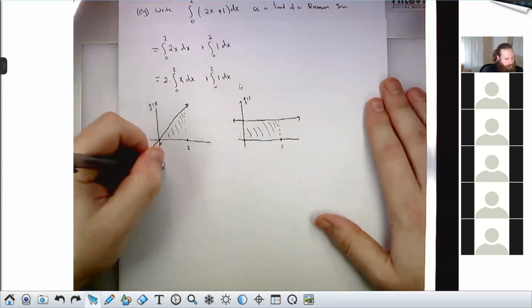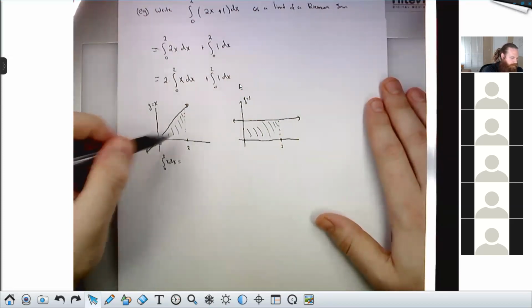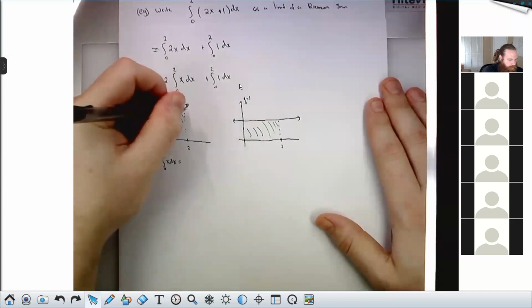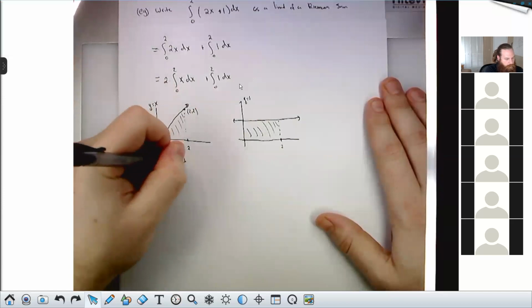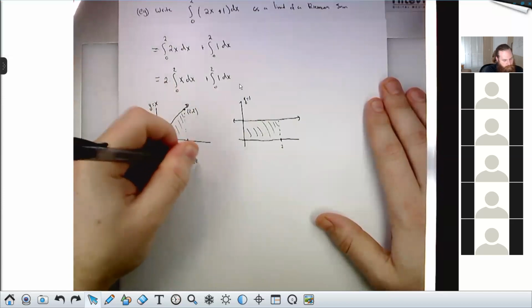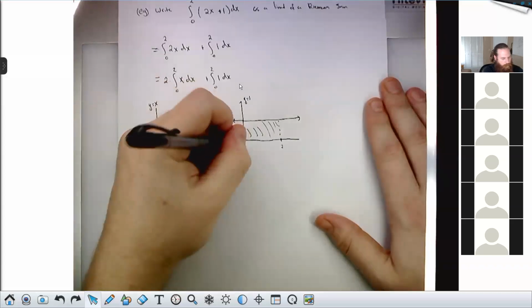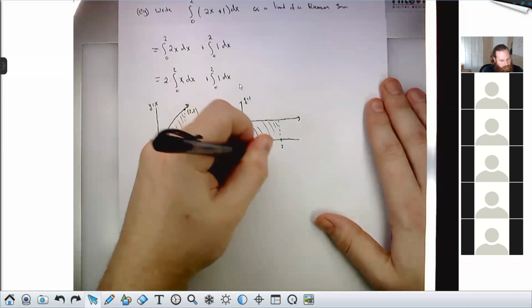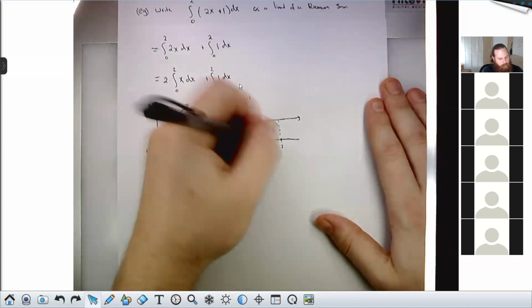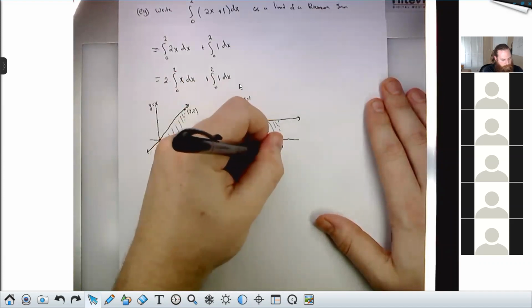This guy tells me that the integral from 0 to 2 of x dx, I can compute that area geometrically. It's 1/2 base times height. This is the point (2, 2), because it's the graph y equals x. That would be 1/2 times 2 times 2, which is just 2. And here, the integral from 0 to 2 of 1 dx is just 1 times 2. It's the height times the width.